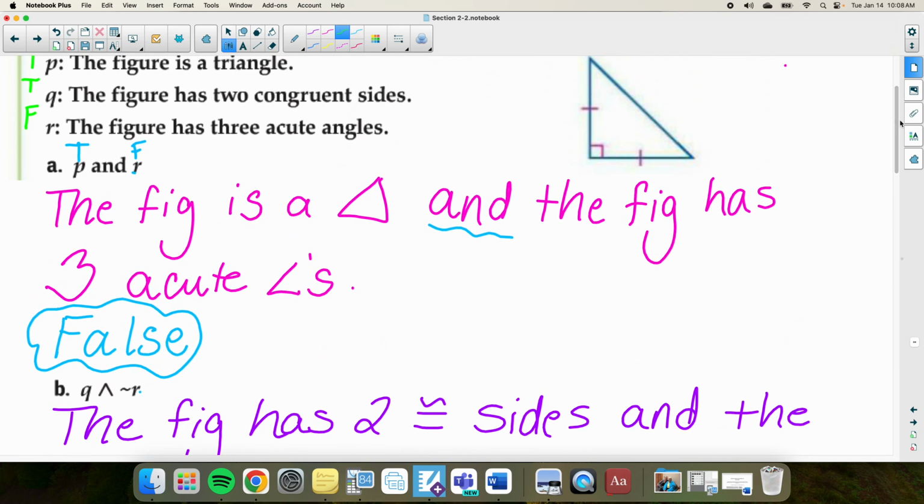Now Q right here is true. R was false, but now I negated it. Let me give you my notes quick. Oh, actually, they're over here.